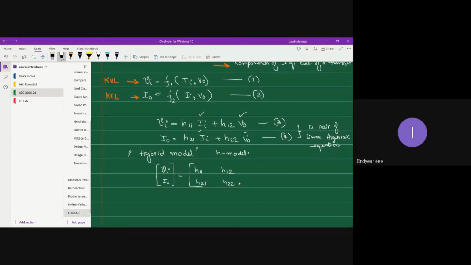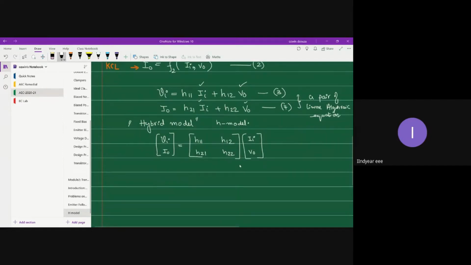And the column matrix, which is Ii and V0. So this square matrix is basically a 2 cross 2 matrix. This square matrix is called the H matrix or the hybrid matrix, because the elements are nothing but different combinations of H11, H12, H21 and H22.